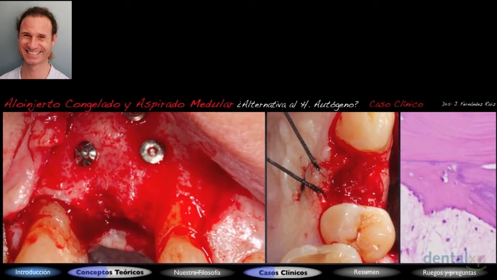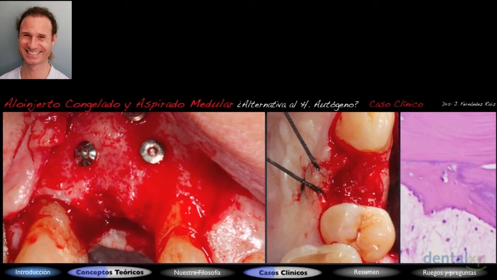Normally we wait 16 weeks and we reopen, and when we open again 16 weeks after the initial surgery, now we have a bone which is really red in color. It bleeds like a normal bone.